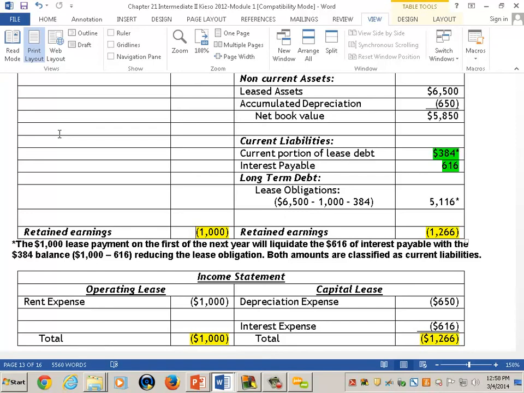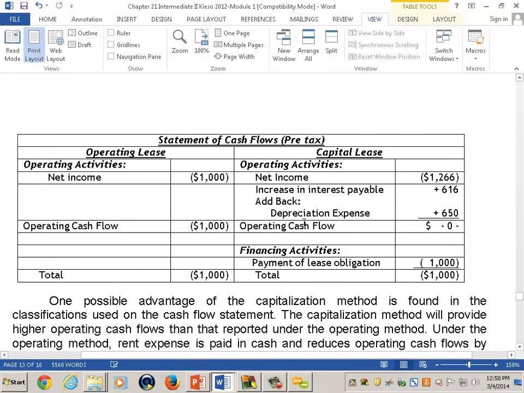And again, this is what I mean by building this through an articulation worksheet. You could have done the same thing as well. All right, and finally, the last piece of this is the pre-tax cash flow. And this is the rent expense on the operating lease side. The operating lease has a $1,000 rent expense on the operating activities.